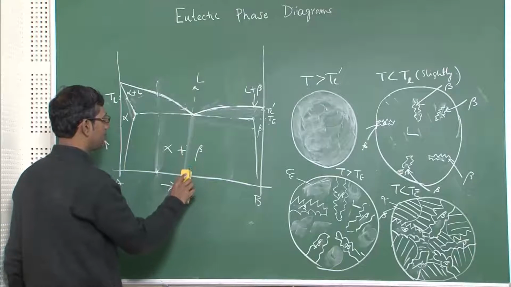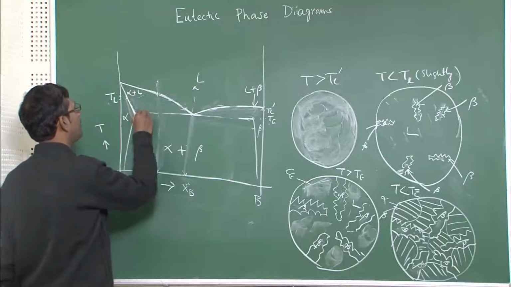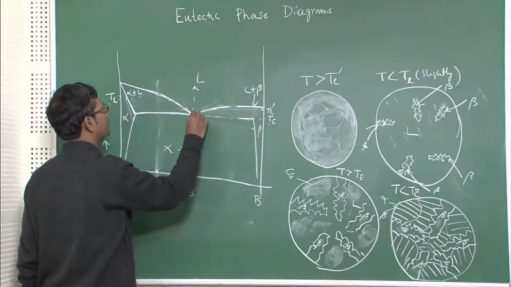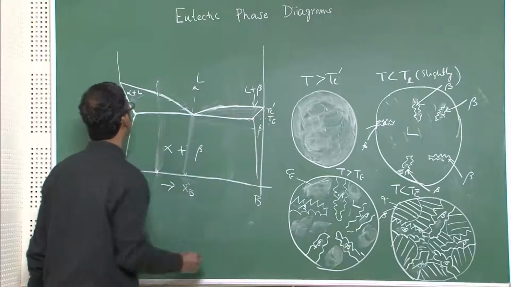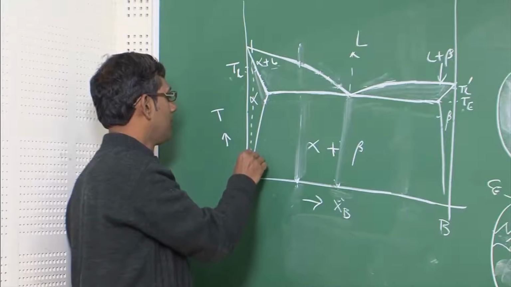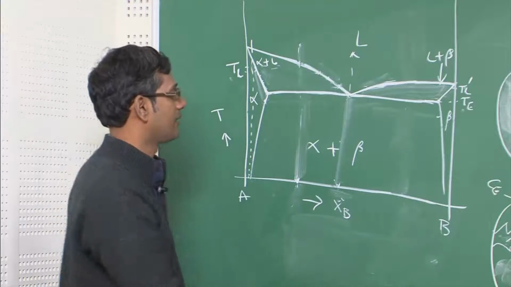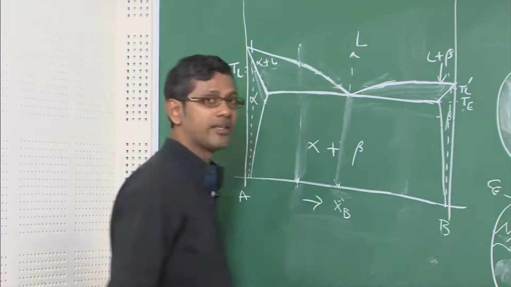I have discussed eutectic, hypo-eutectic, and hyper-eutectic alloys, but there is one set of alloys here, like this, which does not go through the eutectic reaction. Here also it is present, it does not go through any eutectic reaction.